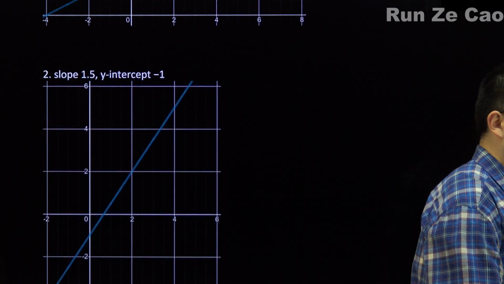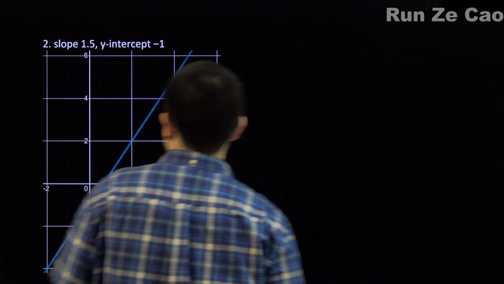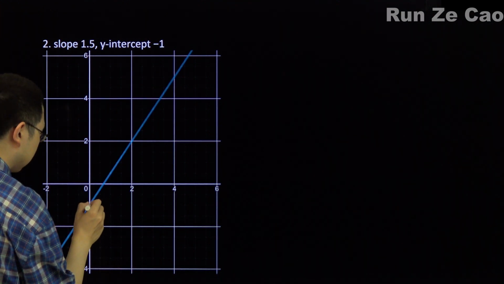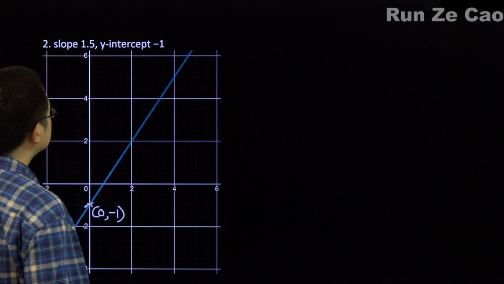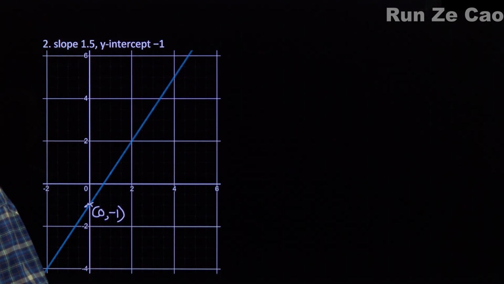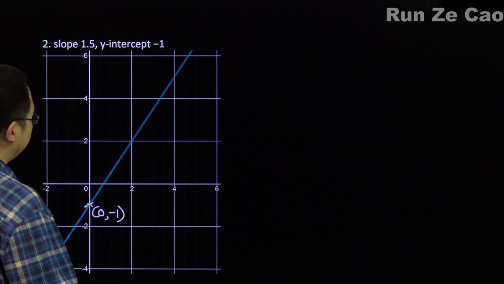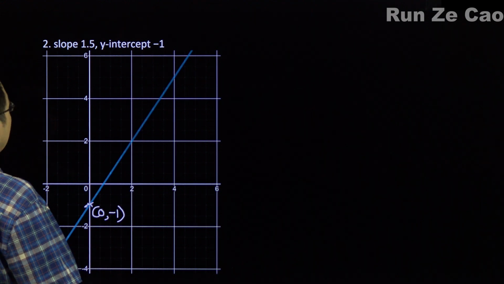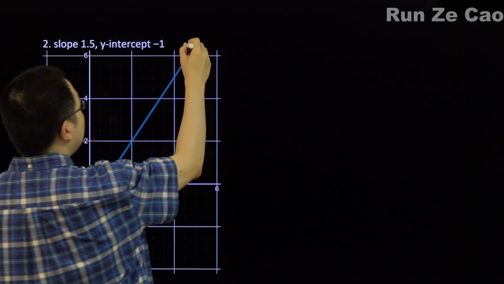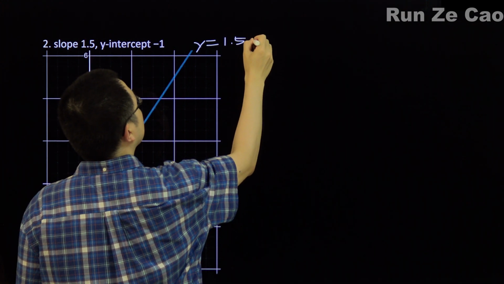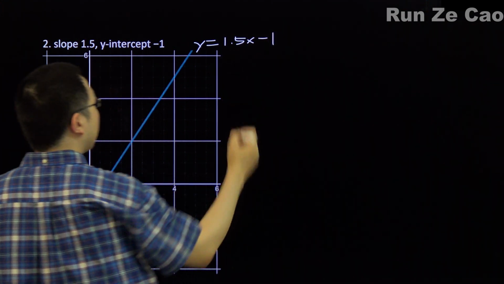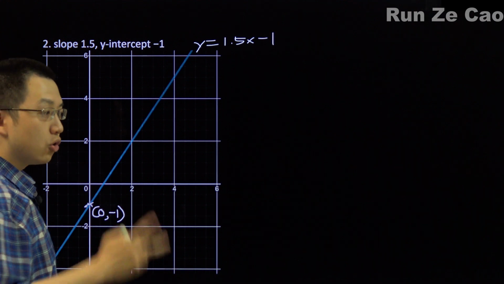Slope 1.5, y-intercept negative 1. Of course, we would plot 0, negative 1. And then slope 1.5. Well, 1.5 is easily multiplied by 2.